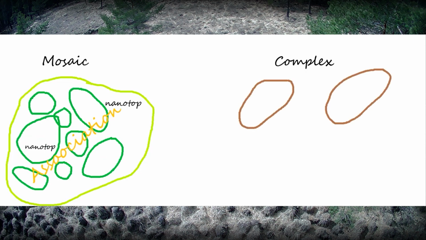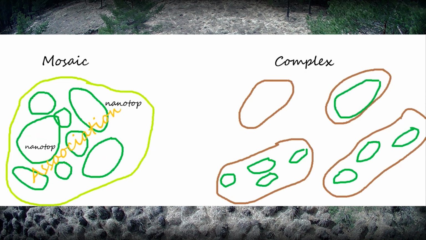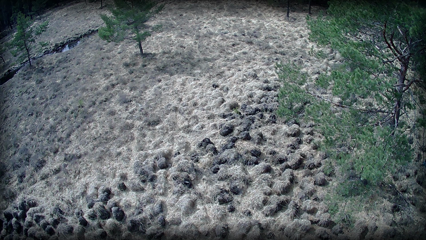The complex of phytocenosis comes up when the units of spatial diversity have so different conditions that their vegetation is classified as different associations. It means that the vegetation of hammocks and hollows is so different that they belong to different associations. Clear. Here we have the example of mosaic. Hammocks and flat parts belong to the same vegetation class or association.